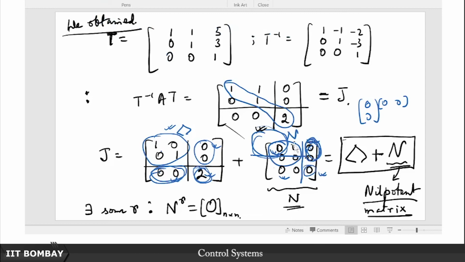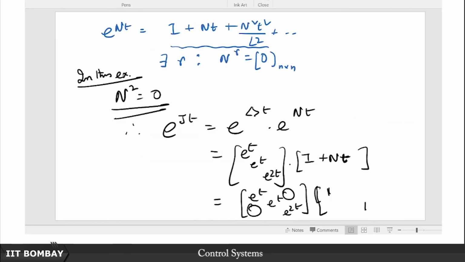So Nt is just a t sitting in the 1, 2 entry in the first row, second column, the rest all are going to be 0. So I am just going to have a t here, rest everything else is going to be 0, of course the identity will show its effect, so there will be a 1 here, the rest of the entries are going to be 0, right. So this is my exponential.